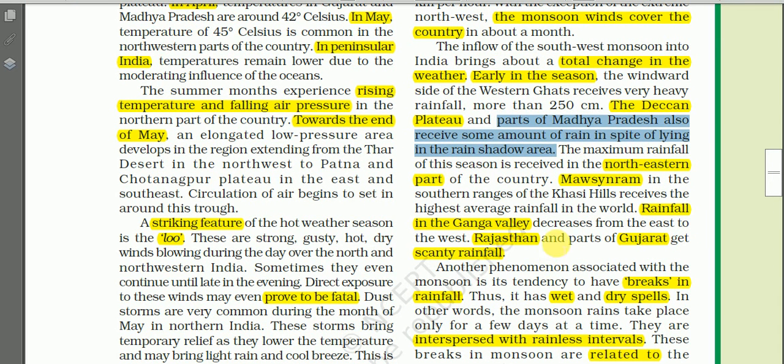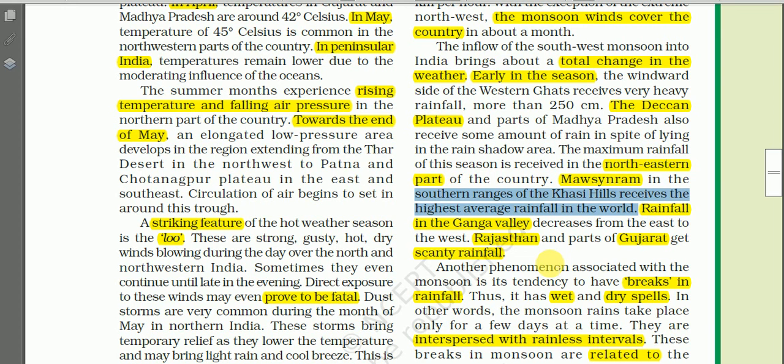The maximum rainfall of this season is received in the northeastern part of the country, in the northern hills. Mawsynram, in the southern range of the Khasi Hills, receives the highest average rainfall in the world. That I think you might have learned.